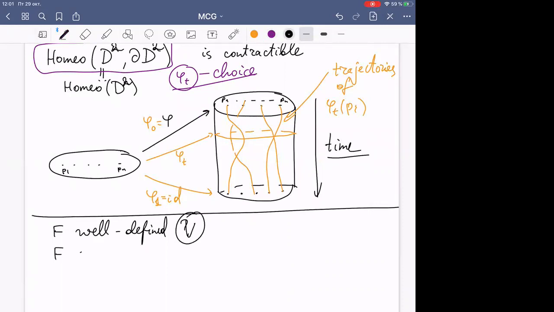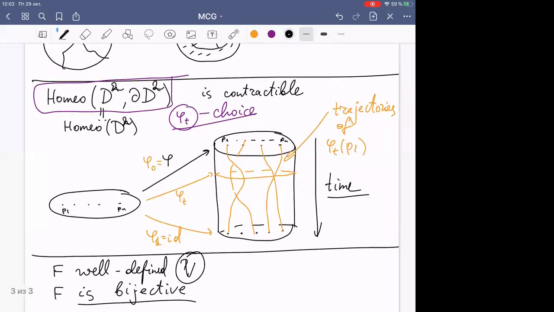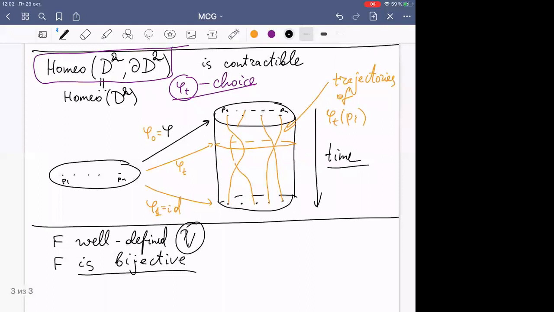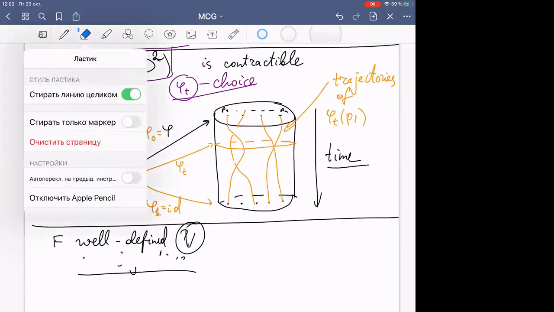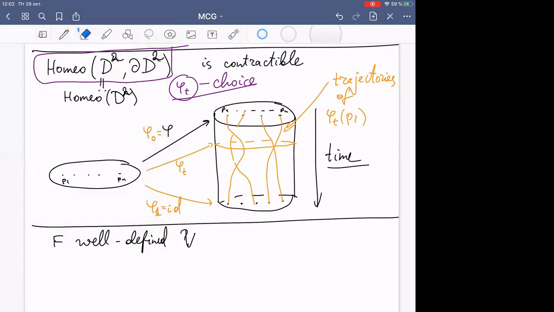And actually F is bijective. Why? First of all, before stating that it is bijective, of course I need to mention that F is a homomorphism, and this is a good exercise.